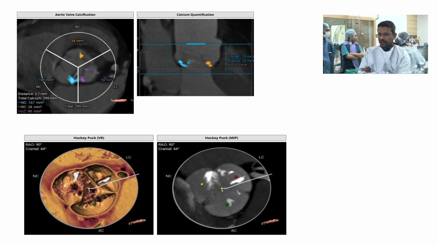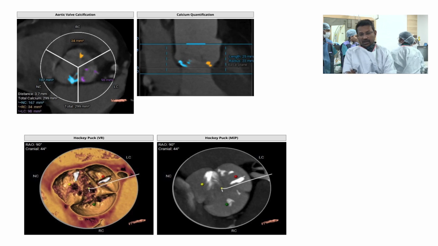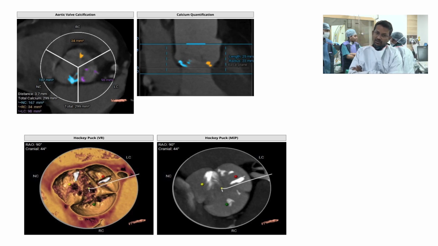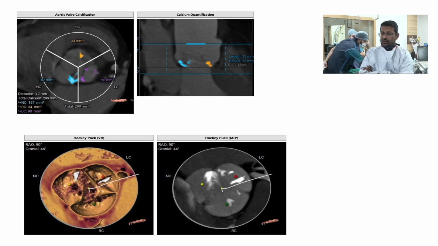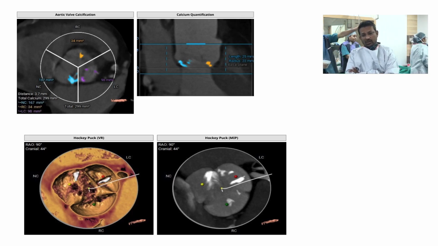There is a chunk of calcium extending into the LVOT, but the pattern of this calcium is on the inner border of the LVOT, it is not protruding. So we are not expecting any annular injury or paravalvular leak.